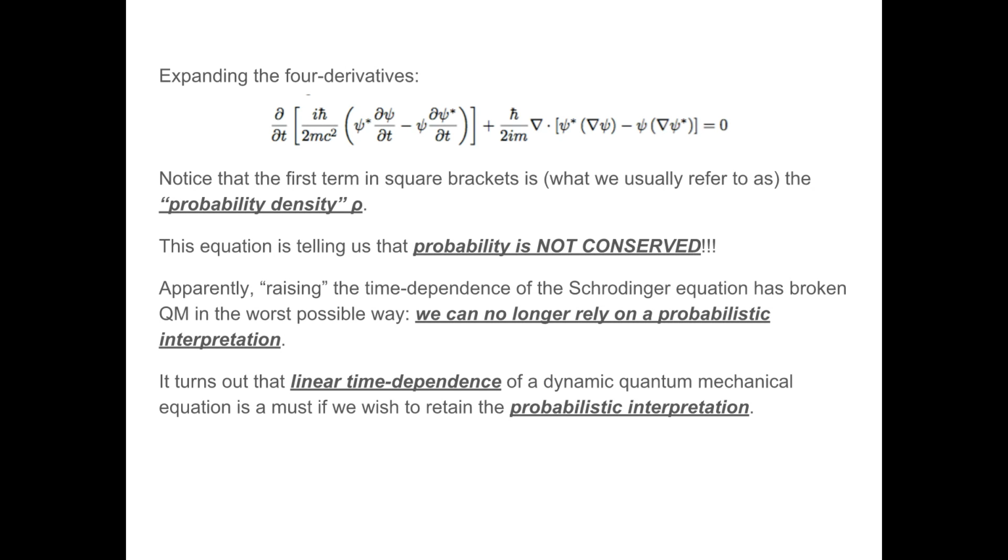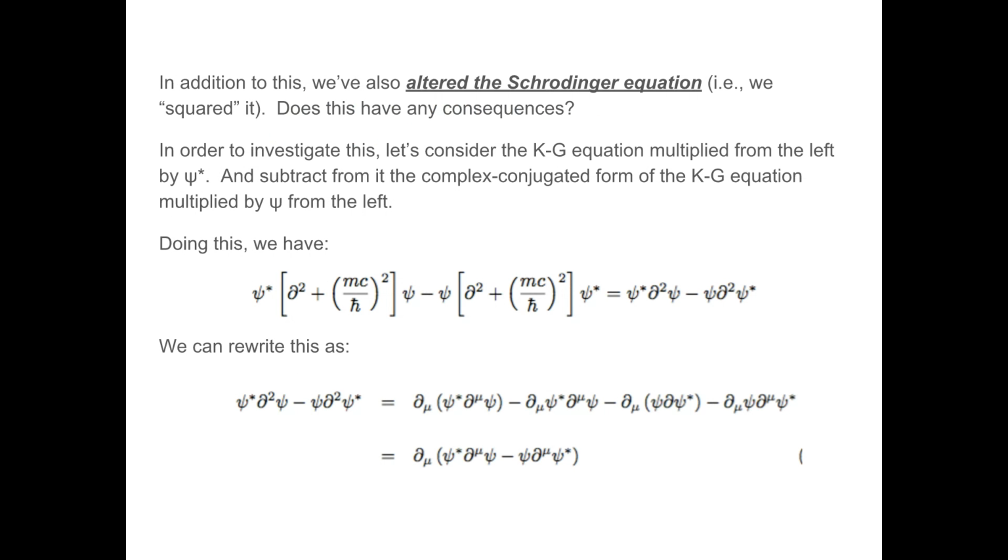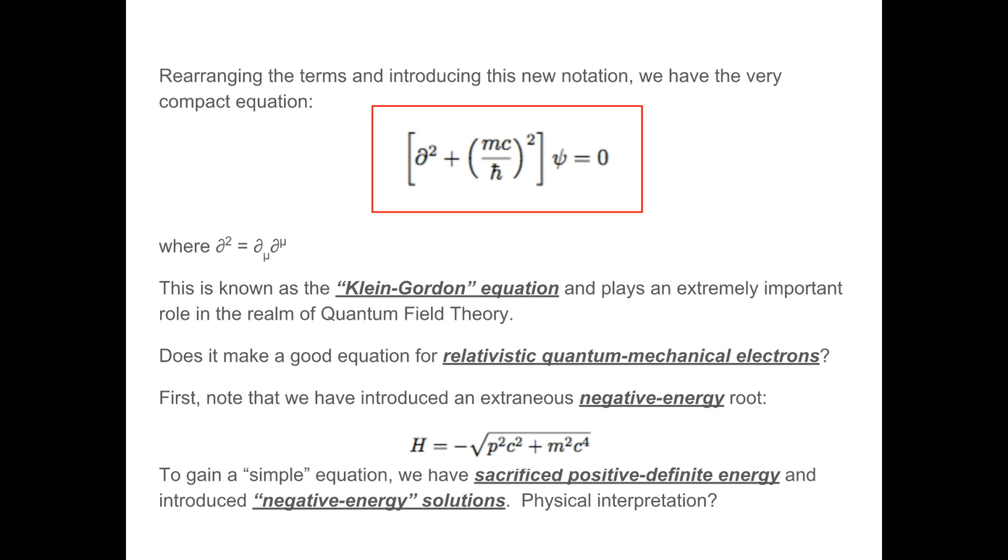Okay. So we have an equation, the Klein-Gordon equation, that works well under special relativity. We would say it's Lorentz invariant, or covariant. So if you do a Lorentz transformation, it would still look the same.